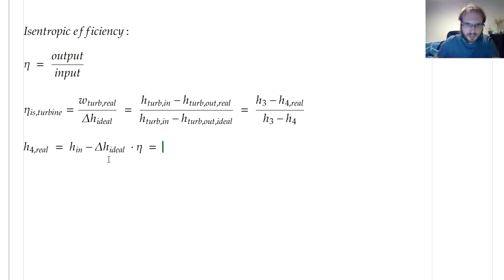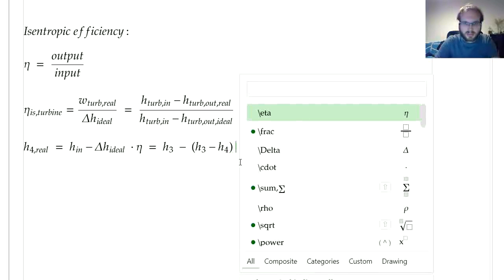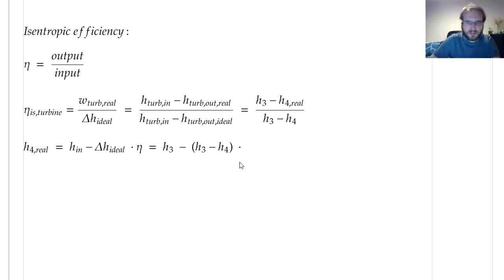So it will be the enthalpy H3 minus the enthalpy difference for the ideal case, which is H3 minus H4, and this will be multiplied by our turbine efficiency.